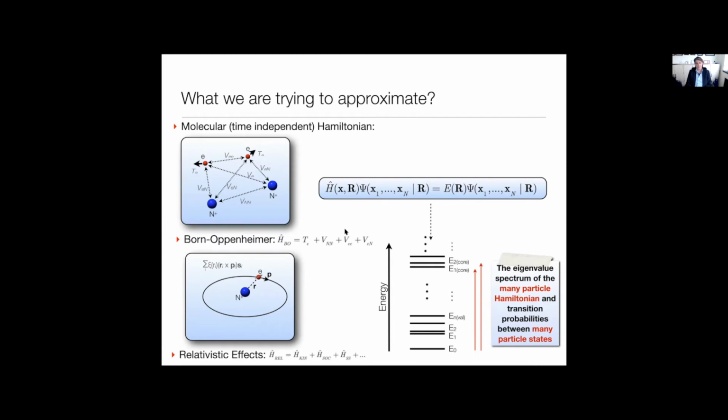But there are also scalar relativistic effects to be considered, and effects of the electron-electron spin-spin coupling. But by and large, the most important effects are the Born-Oppenheimer Hamiltonian, then those describing external electric and magnetic fields, like the Zeeman effect, and the spin-orbit coupling.